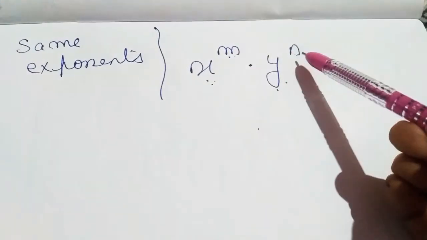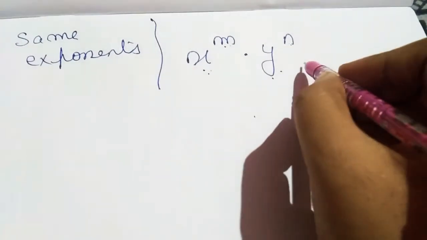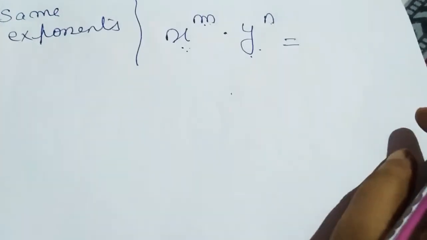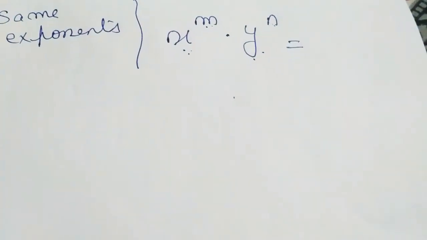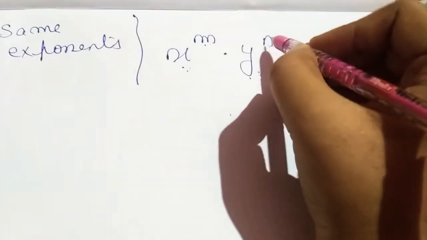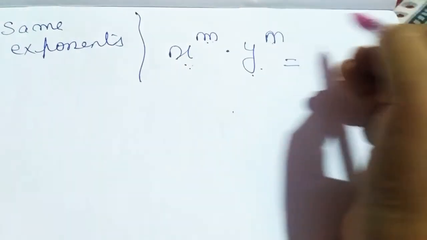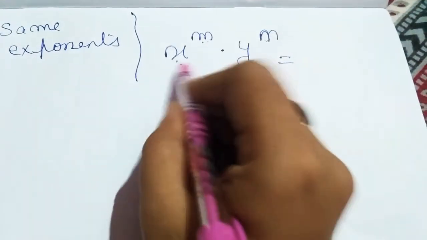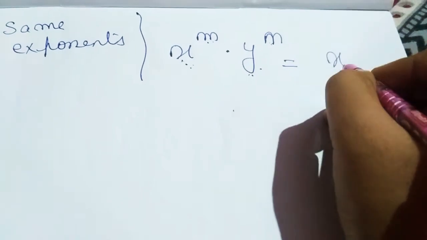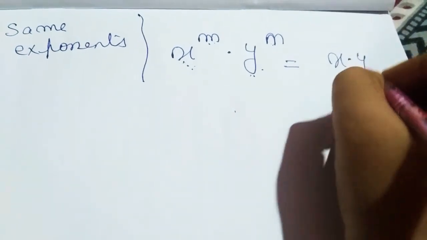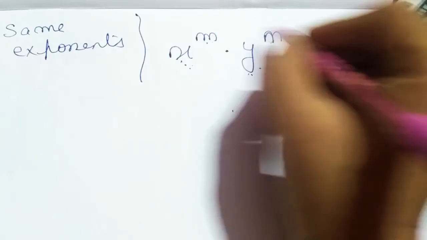Okay, exponents are same. So what is the rule? Just multiply the bases x into y and take a common exponent.